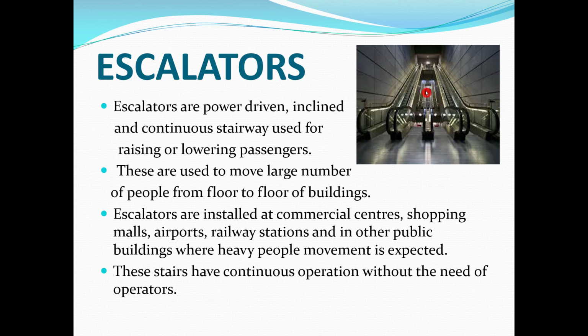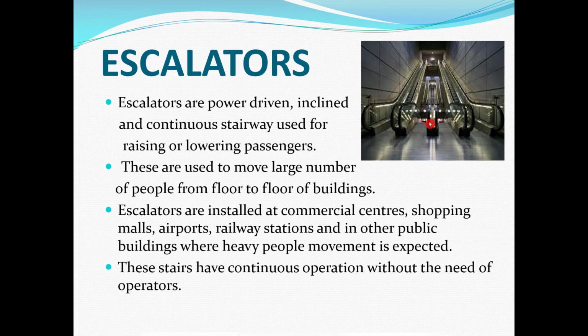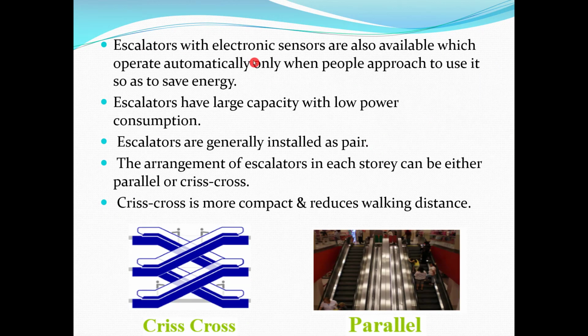So this is continuously moving, as you experience in the shopping malls. The escalators with electronic sensors are also available, which operate automatically only when people approach. So it saves energy when you move near the escalator to start it working.